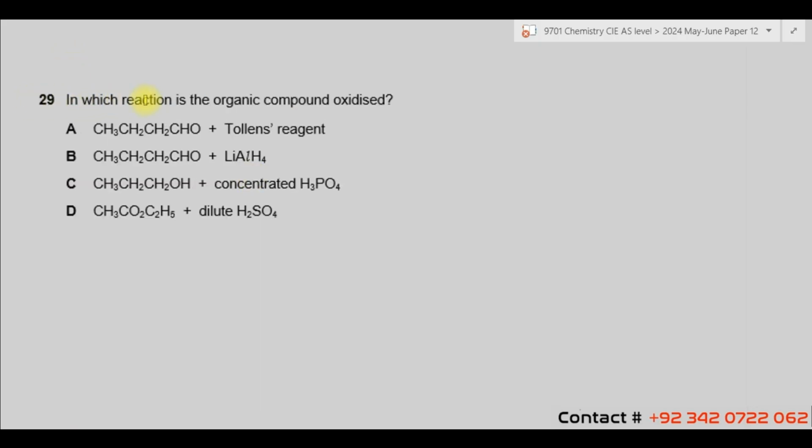Question 29. In which reaction is the organic compound oxidized? We have aldehyde, we have alcohol, primary alcohol, and we have ester. So first one is Tollens reagent. Tollens reagent is mild oxidizing agent. So it can oxidize aldehyde. LiAlH4, it's a powerful reducing agent.